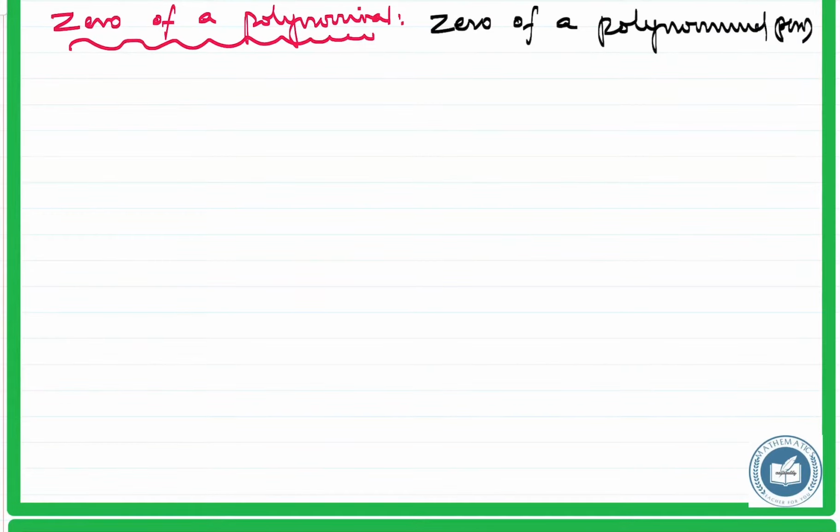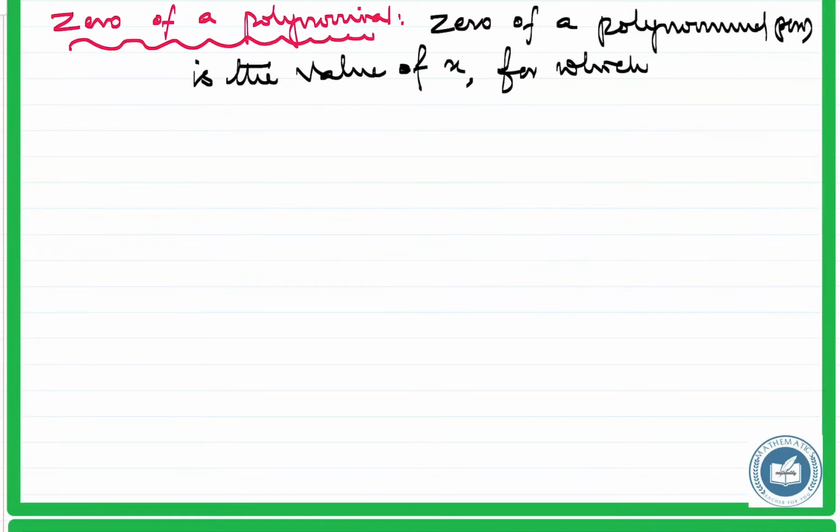Zero of a polynomial p of x is the value of x for which the polynomial p of x becomes 0.